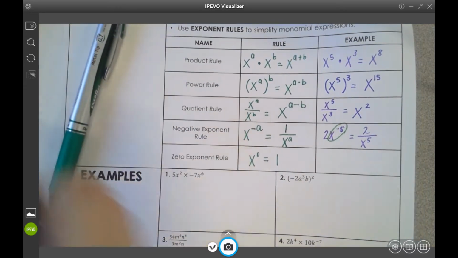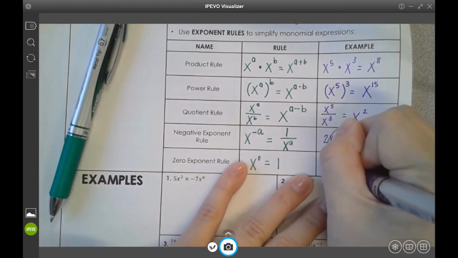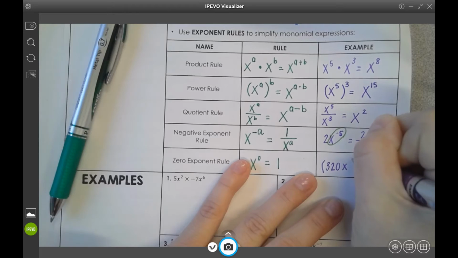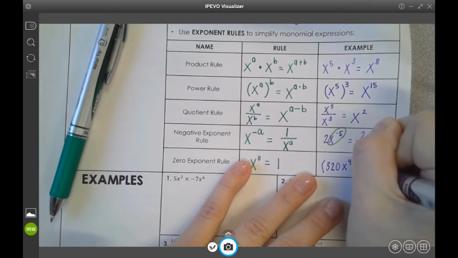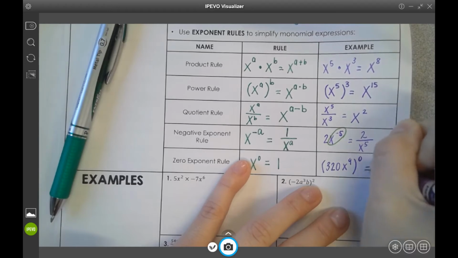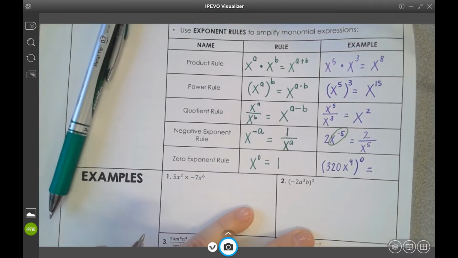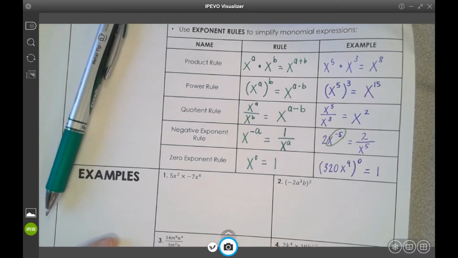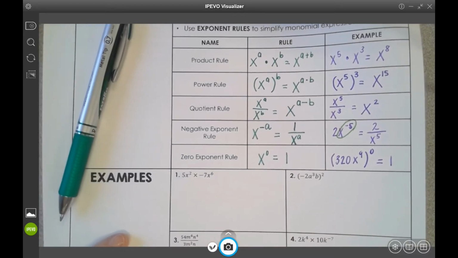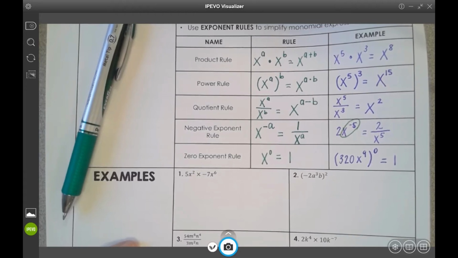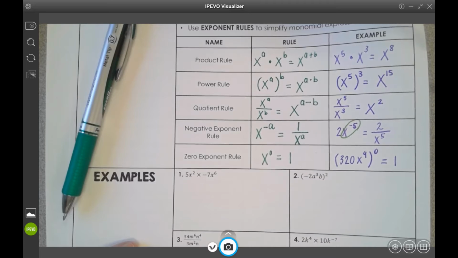So if I have 320 x to the 9th, and all of that was raised to the 0 power, the answer is 1. Anything raised to the 0 power is 1, except you don't do 0 to the 0 power. That's just weird and confusing. But anything else to the 0 power is 1.